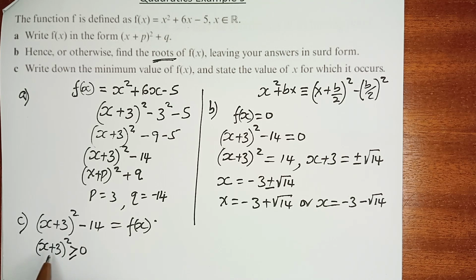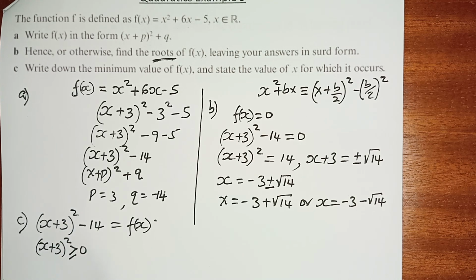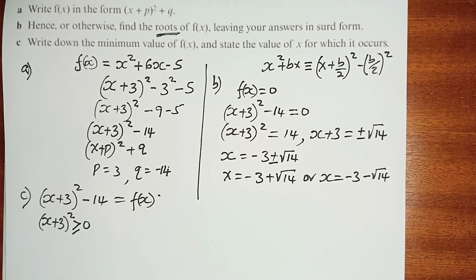So any squared number is always positive, and the least it can be is 0. Because of the nature of this expression, it is always squared, meaning positive. And if the least it can be is 0, then we need to go with the least to find the minimum value of f(x).